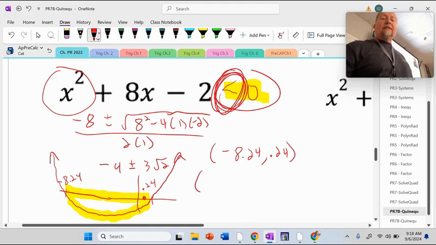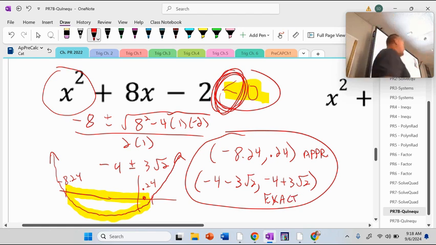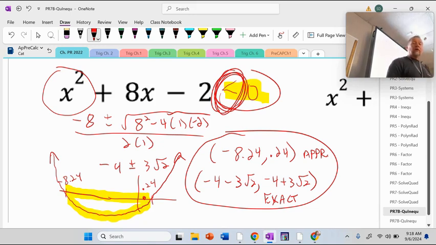Or you could get all fancy with it and put it in exact form and understand the -4 minus was the -8.24, and the -4 plus was the 0.24 approximated answer. This one is approximate. This one is exact. They're the same answer, just one is in exact form, one is in a decimal approximation. And you got to understand those differences as well.